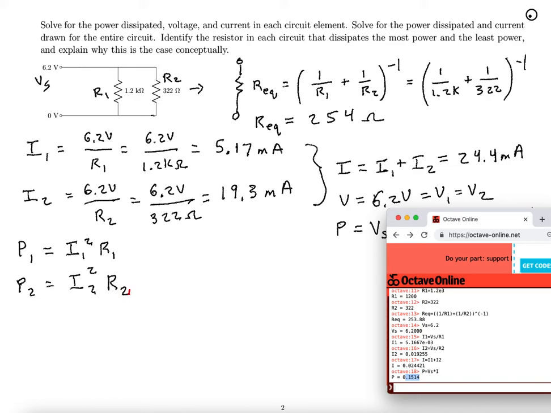Notice that in this case the circuit's in parallel. There's a different current through each resistor, so that's why I have an I sub 1 and an I sub 2 for each of these. Again, it's IV, where V is equal to IR, or I squared R for the power is what I'm using.